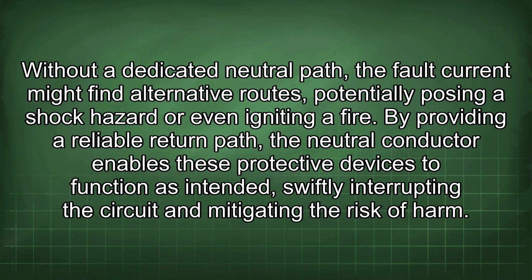Without a dedicated neutral path, the fault current might find alternative routes, potentially posing a shock hazard or even igniting a fire. By providing a reliable return path, the neutral conductor enables these protective devices to function as intended, swiftly interrupting the circuit and mitigating the risk of harm.